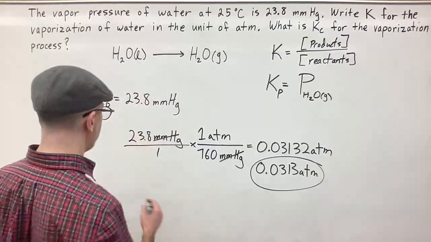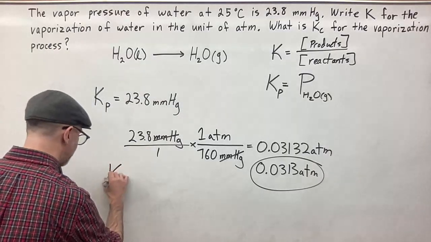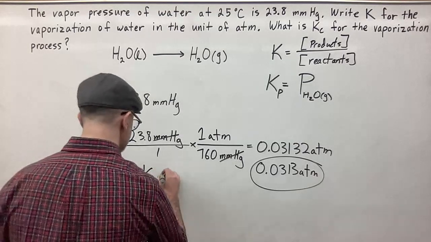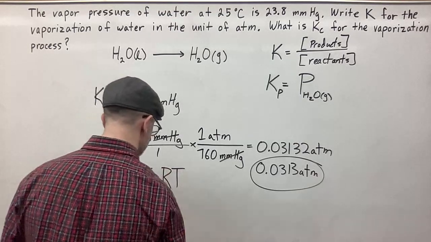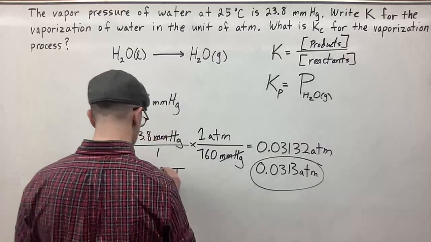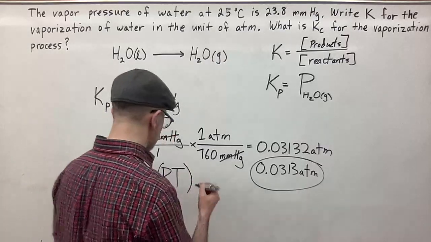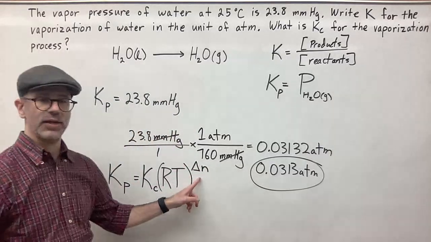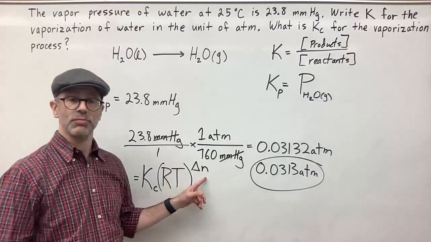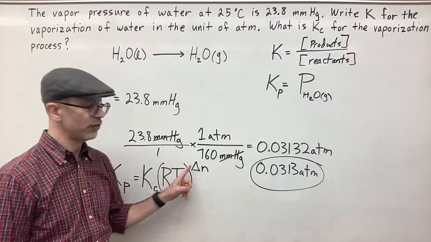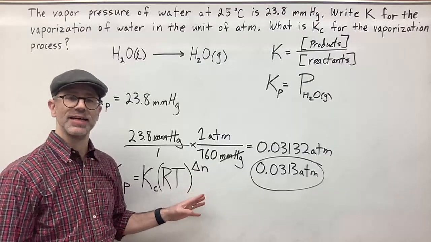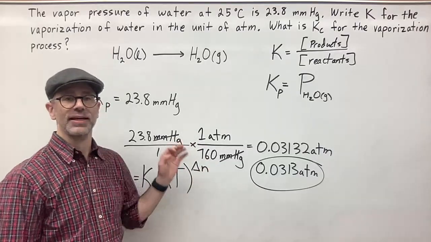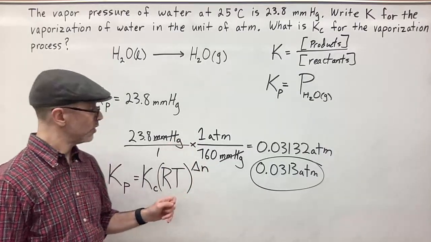And that equation is that Kp is equal to Kc times RT to the delta N. And delta N here, N as we know, refers to moles. So the change in moles is defined as the gaseous moles of products minus the gaseous moles of reactants.